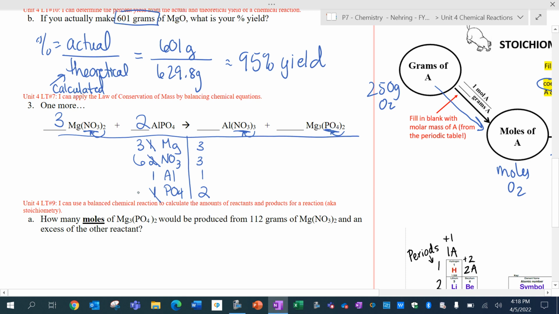That's going to give me 2 PO4s. It also will change my aluminums. So whenever you change a coefficient, update your count down here. The only thing that is not balanced looks like my aluminum here. I'll put a 2. That will give me 2 aluminums, and now I've got 2 times 3, 6 nitrates. So hooray! It looks like I am all balanced.